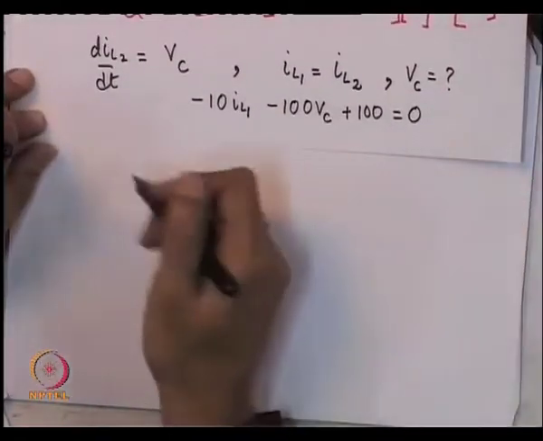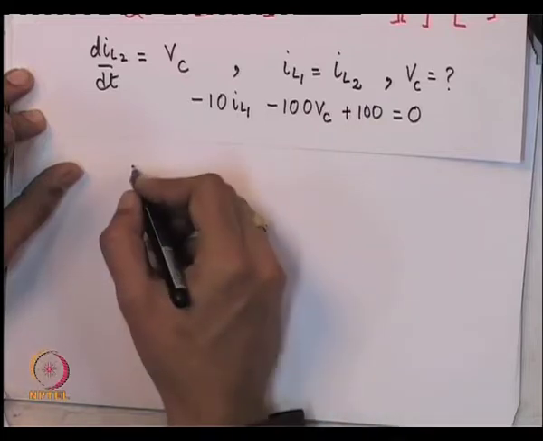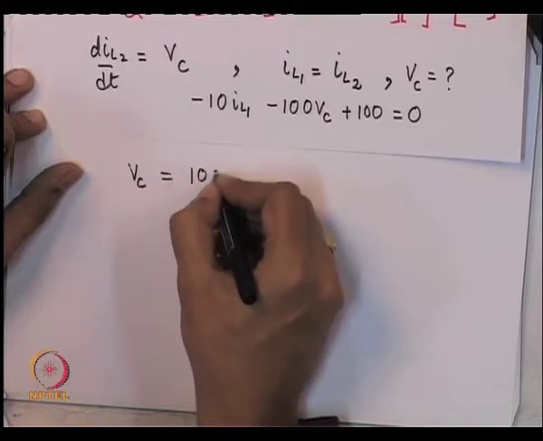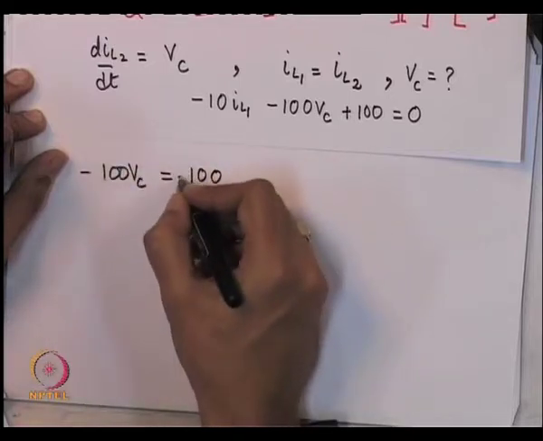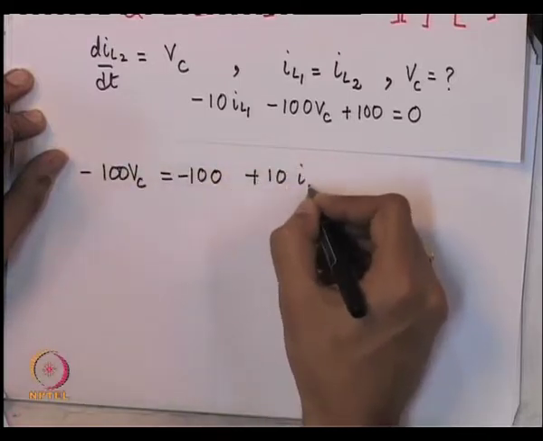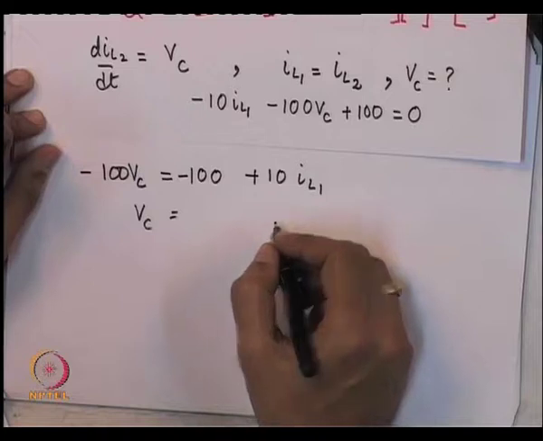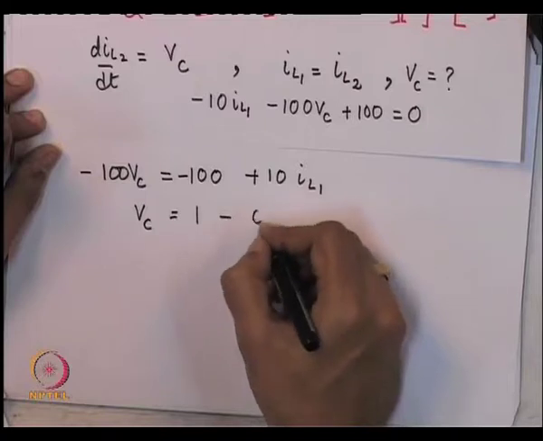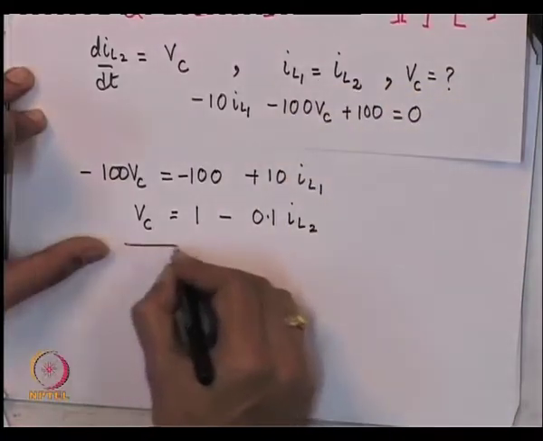So, what we have from that is Vc is equal to 100, which is nothing but Vc is equal to 1 minus 0.1 IL2, because IL1 is equal to IL2. So, this is what Vc is.